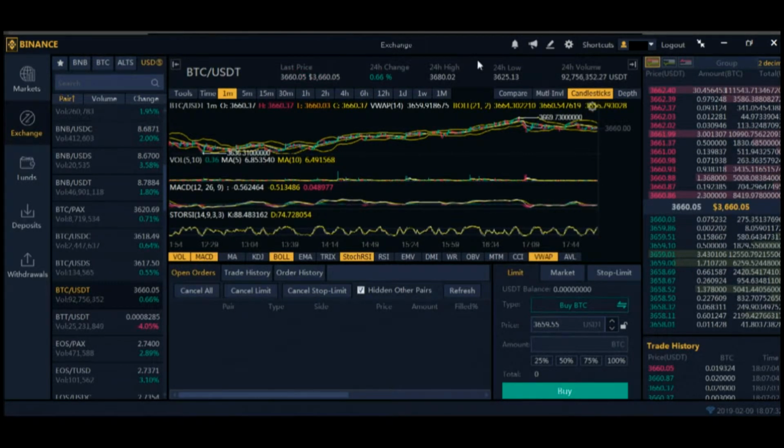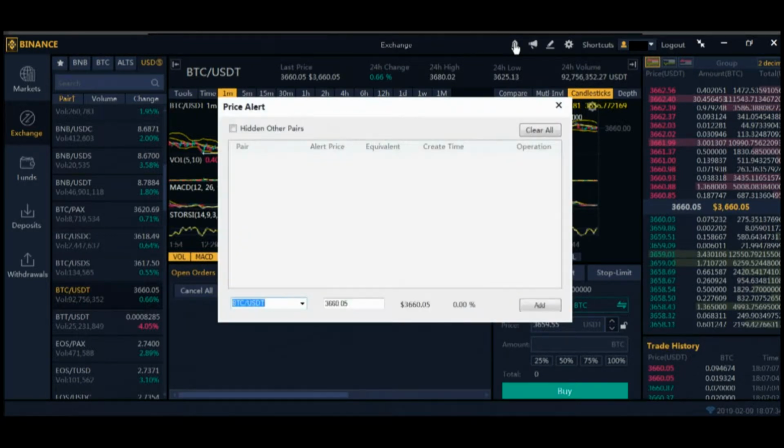Starting up here, this allows you to set up your own price alerts. A really nice feature. I have not been using it a lot myself because I don't need specific price alerts so much as I do just the movement in the market based on percentages and other interesting things. But if this is the way you like to do things, it's just as easy.